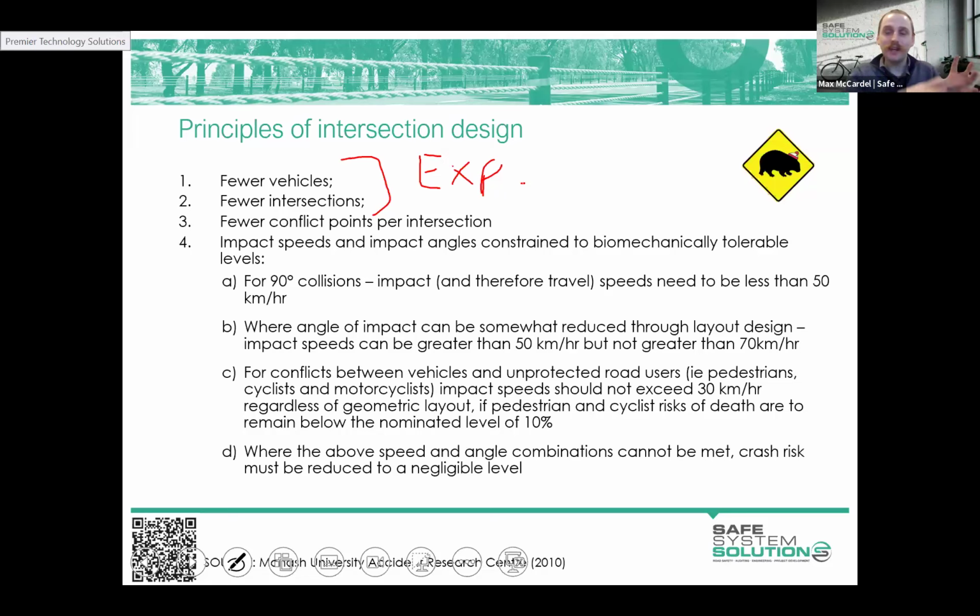It'll make more sense once you have a look at the SSA matrix and things like that. But yeah, you don't tend to get highly involved in all the possible scenarios that could occur. Otherwise, it would just be a massive, massive onerous project. Anyway, number 3 point here is fewer conflict points per intersection.